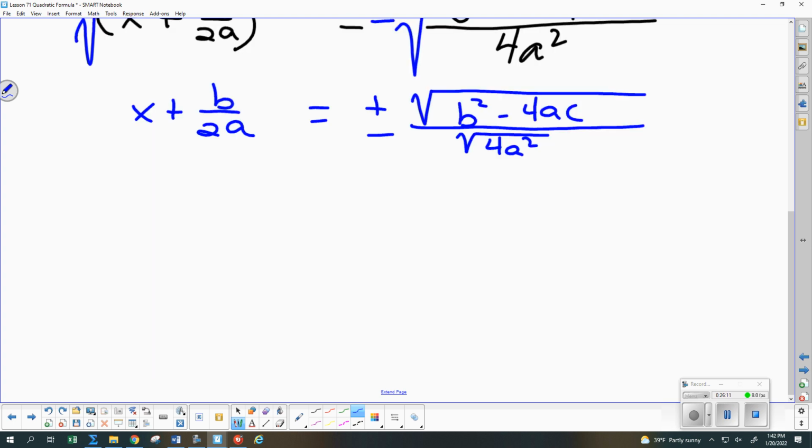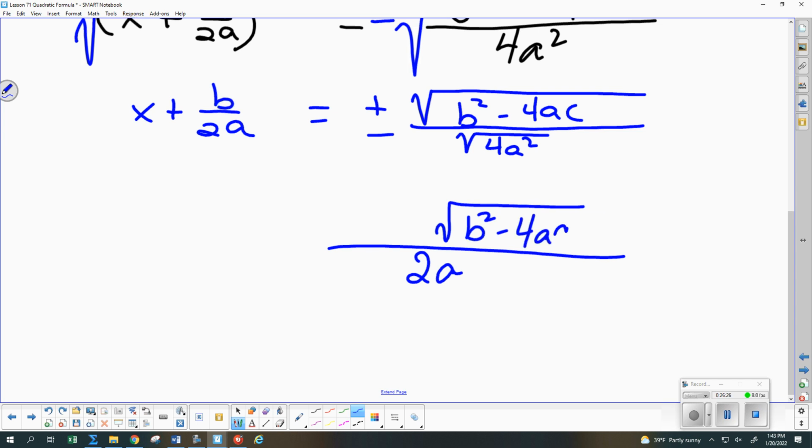Square root of 4a squared is 2a. So I have that plus or minus square root b squared minus 4ac over 2a. Same denominator over here, but I need to subtract that on both sides. So that means on this side, I now have the minus b over 2a. And that should look like your quadratic formula. Questions from anybody?